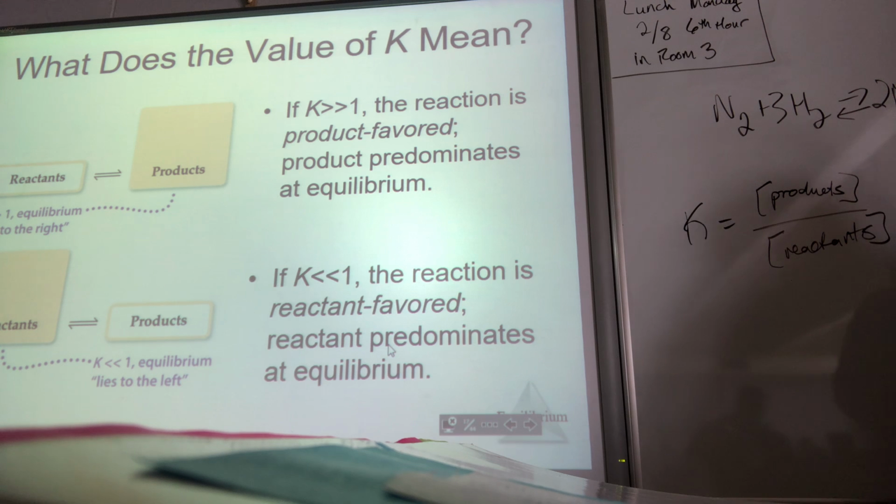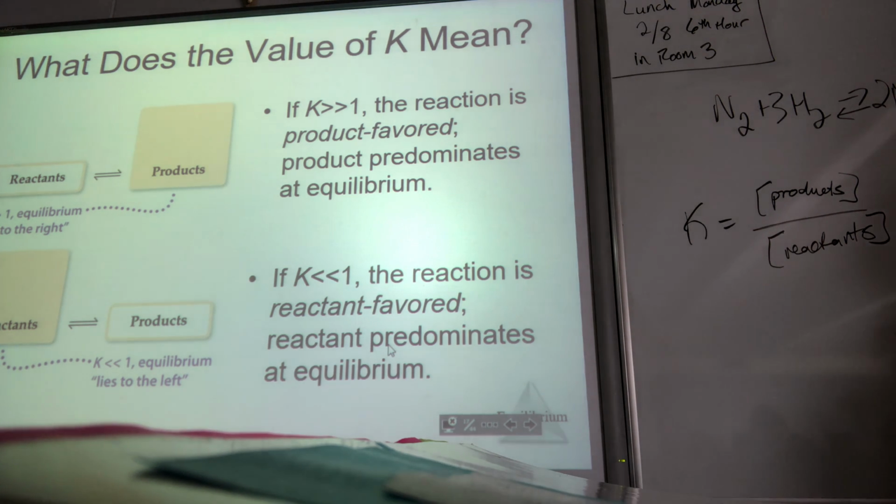So when we say reactant and product favored, we're just looking at the value of K. You will see Ks with very, very small numbers. You will see Ks with very, very big numbers.